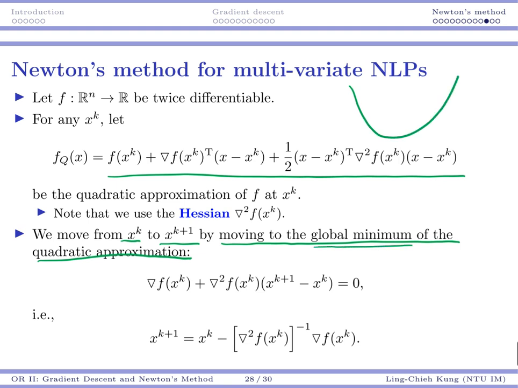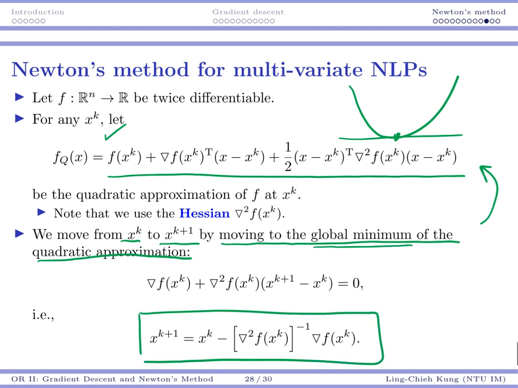Then we get to the global minimum by looking for the point where the gradient is 0. If it has a downward curvature, of course, it's a weird result.